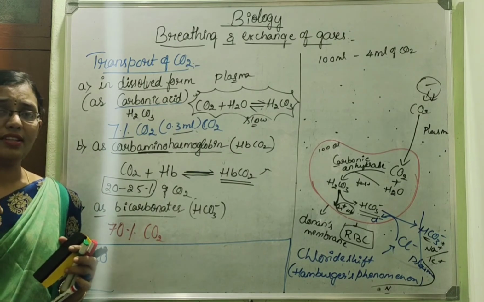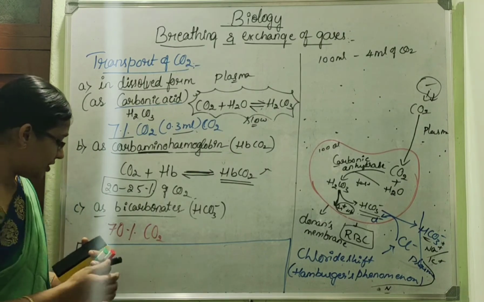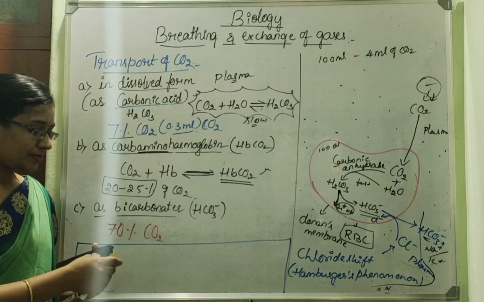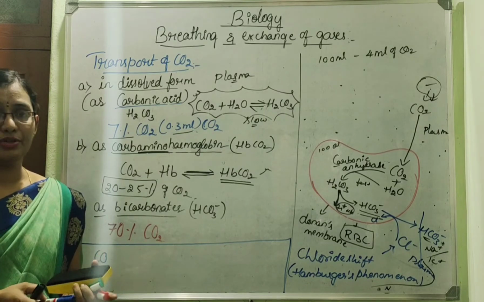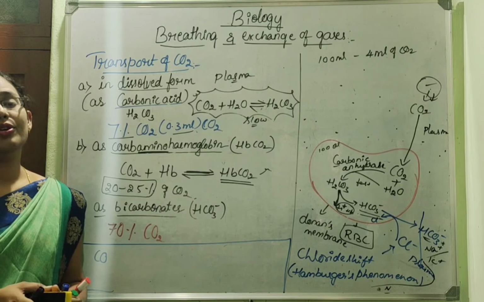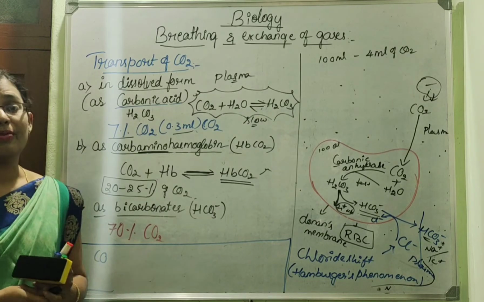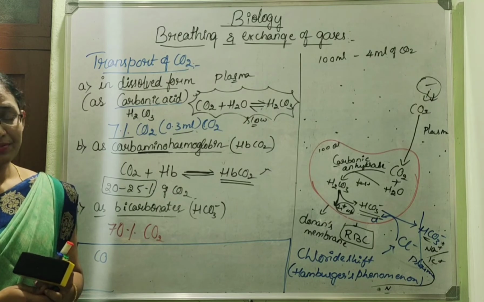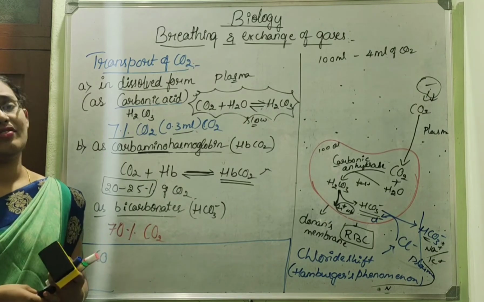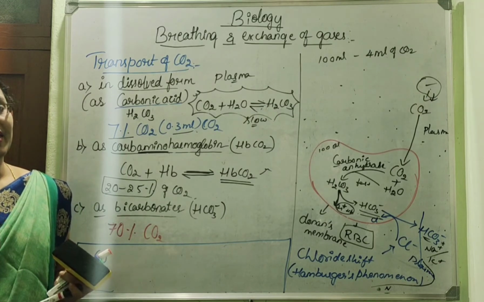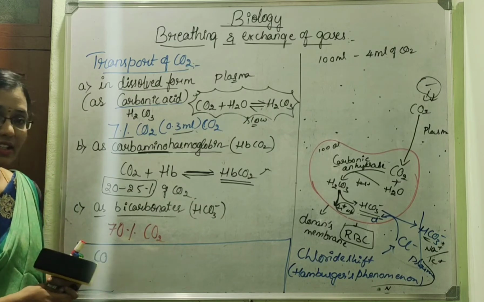It is a poisonous gas. You all know that. Nowadays, due to more and more pollution in the traffic, more and more carbon monoxide is being released. Once it reaches our blood, it is transported in a different way. How? Let us see that also now.